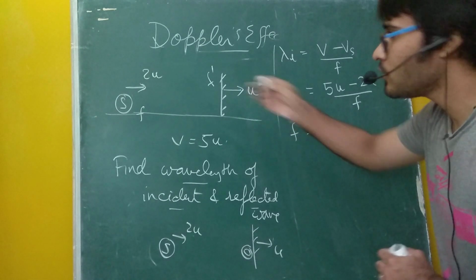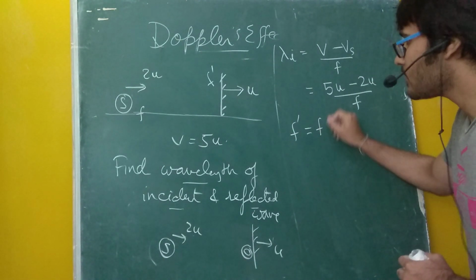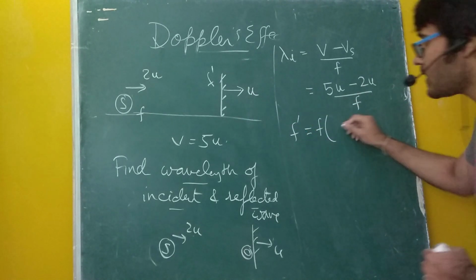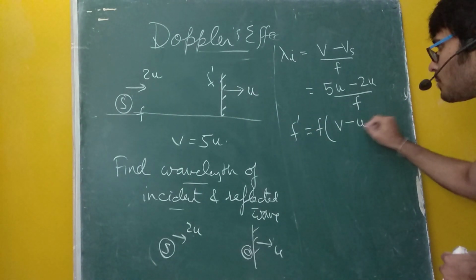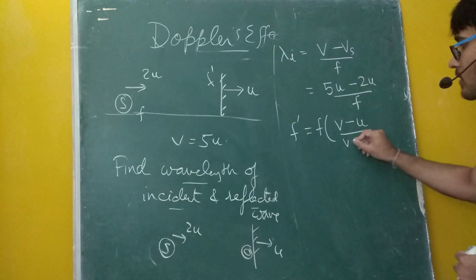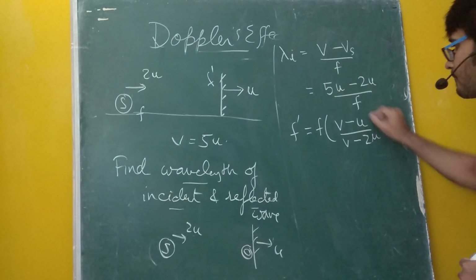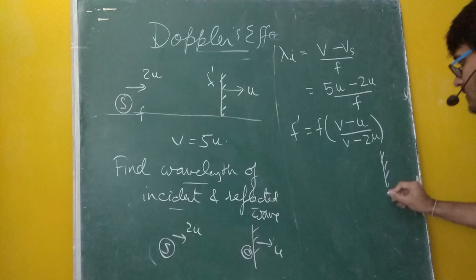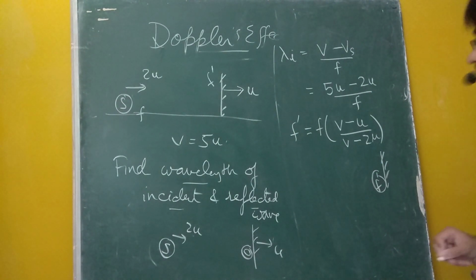Doppler shift formula I'll use, which is original frequency, source is moving towards, observer is moving away. So V minus U divided by, this is moving towards, so V minus 2u. So f dash I know. Now this will be the frequency which will be reflected, yes or no?